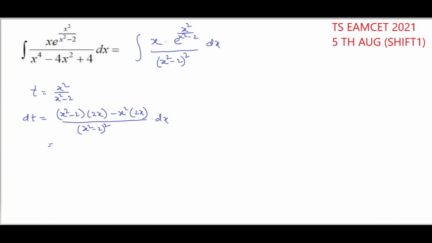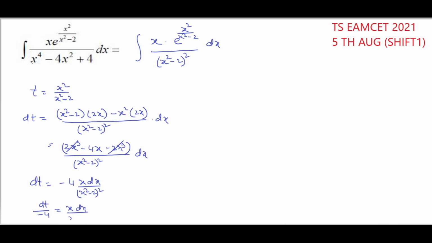Here x² into 2x is 2x³, so 2x³ − 4x − 2x³ over (x² − 2)² dx. Here −2x³ and 2x³ cancel, that is dt = −4x dx / (x² − 2)². From this, dt/(−4) = x dx / (x² − 2)².